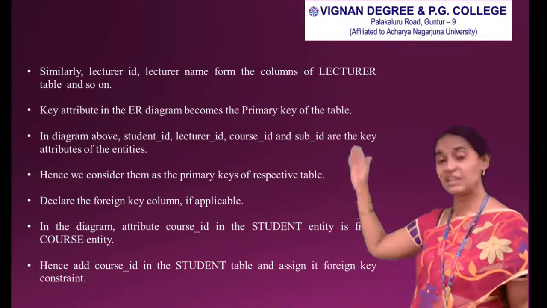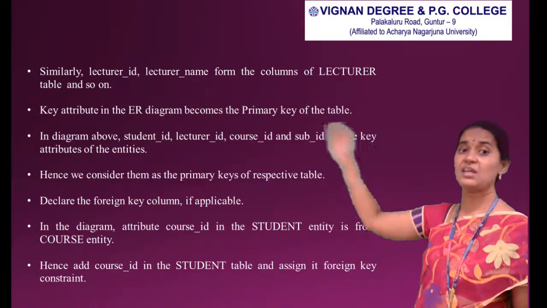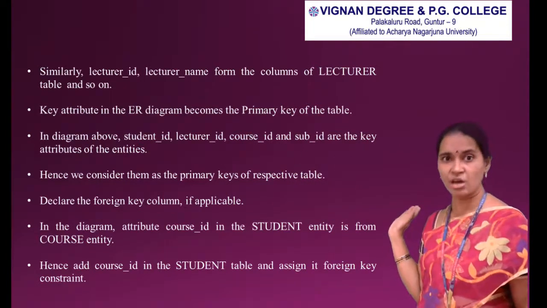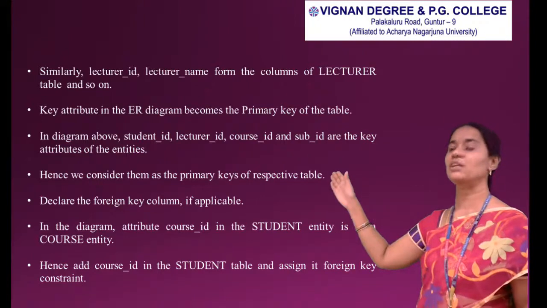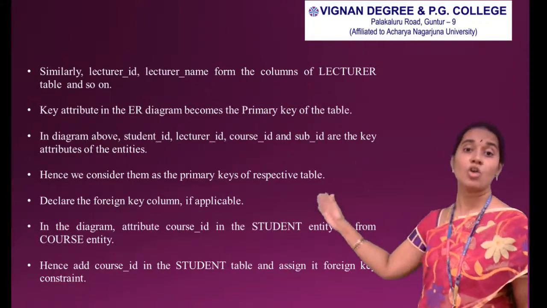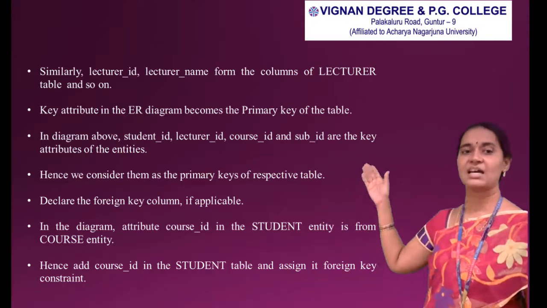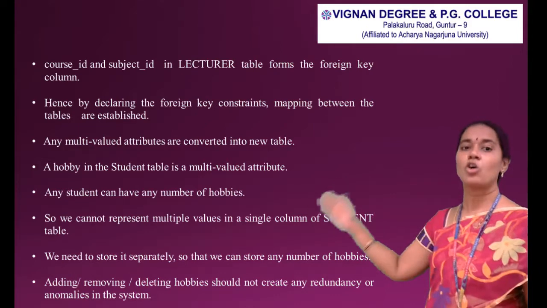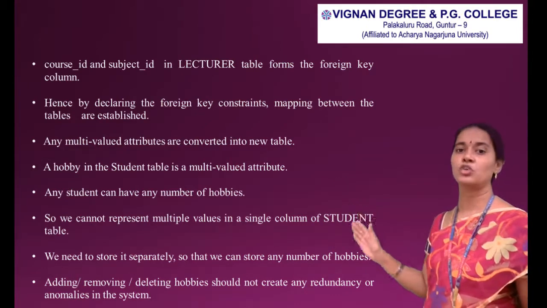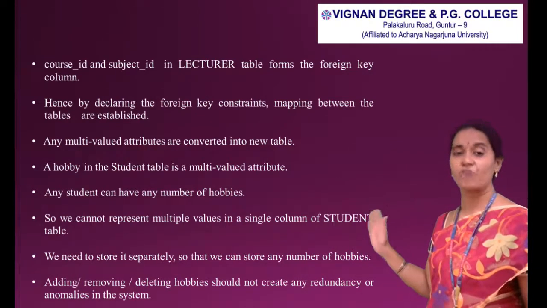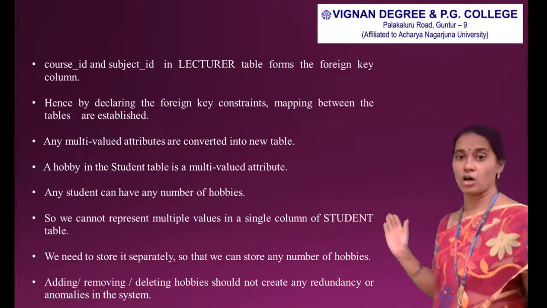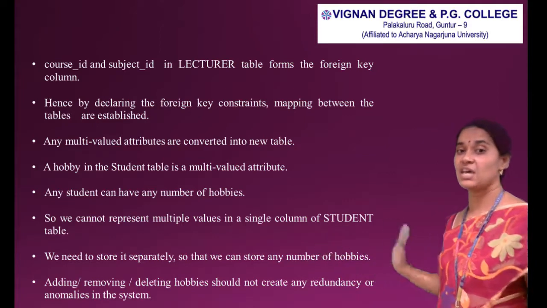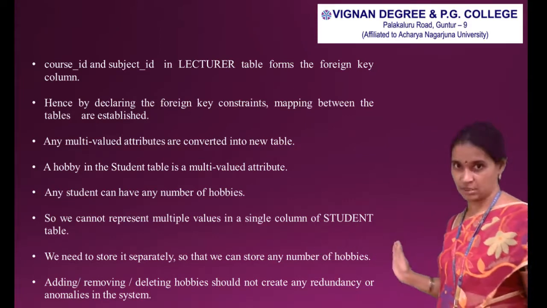In the student entity, I am going to obtain the course ID, which is declared in the course entity. So I can add the course ID into the student table as the foreign key. In a similar way, in the lecturer table also, I add course ID plus subject ID. These both together are used as the foreign keys in the lecturer table. So these foreign keys are used to establish a relationship between the tables.